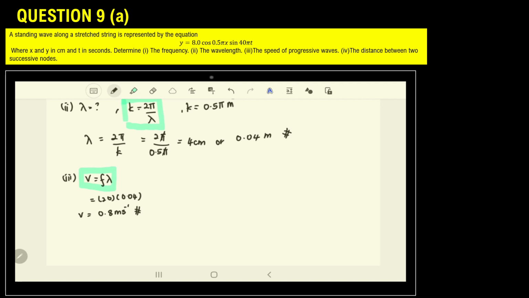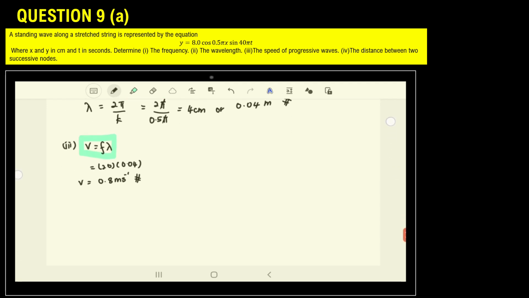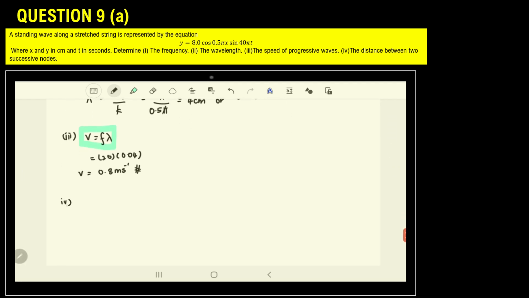The last one, the distance between two successive nodes. We want to find the distance. Remember that lambda is equal to 0.04 meter, which means one wavelength.